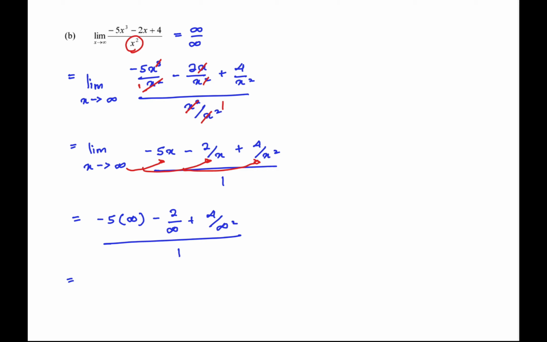So negative 2 divided by infinity equals 0, and the last term becomes 0. So your answer becomes negative infinity, because negative 5 times infinity equals negative infinity. That is your answer for question B.